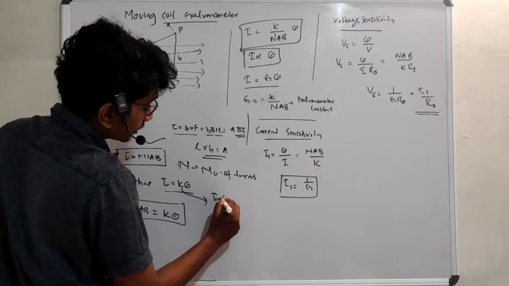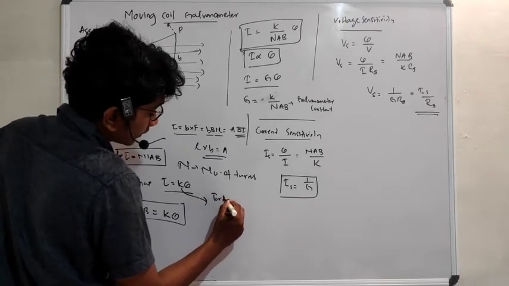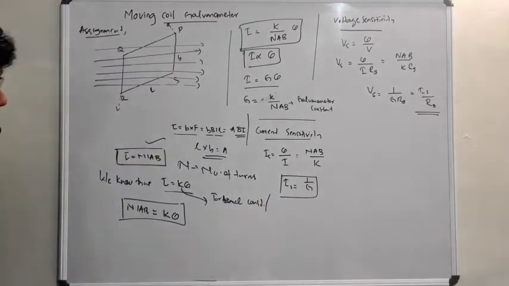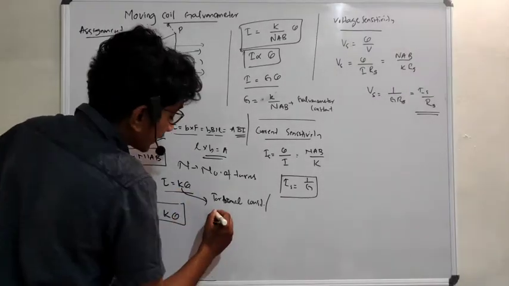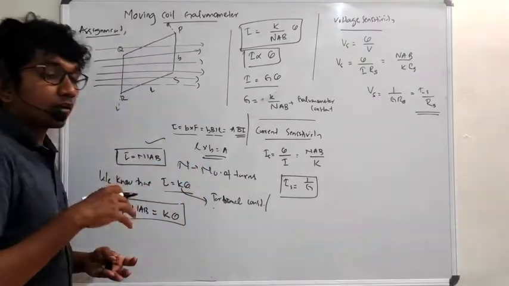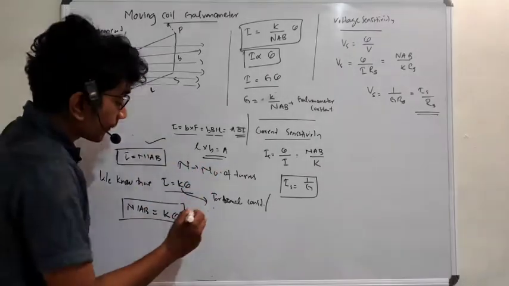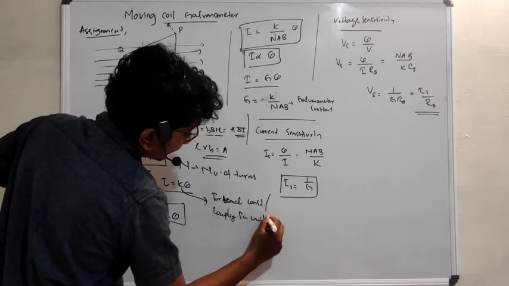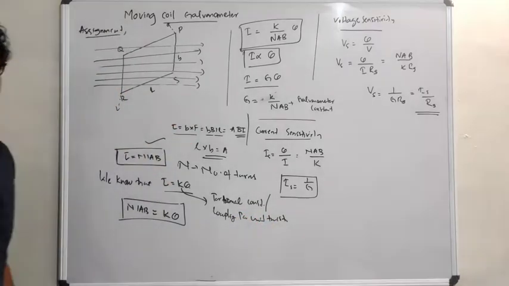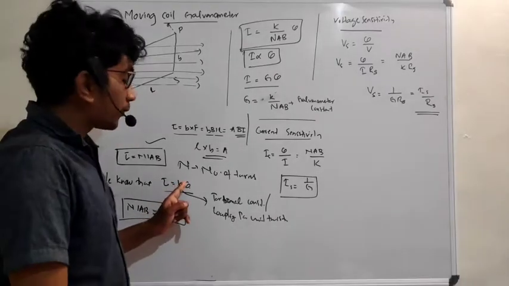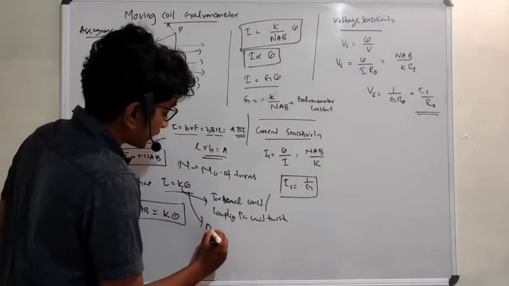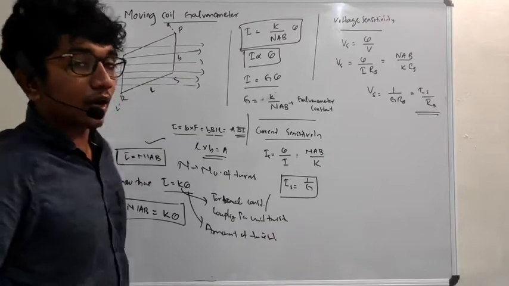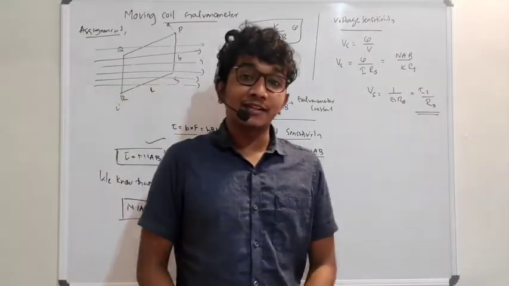K is the torsional constant, the coupling per unit twist. And theta is the amount of twist.